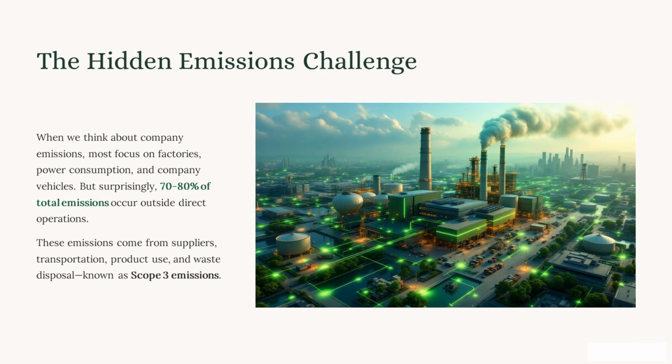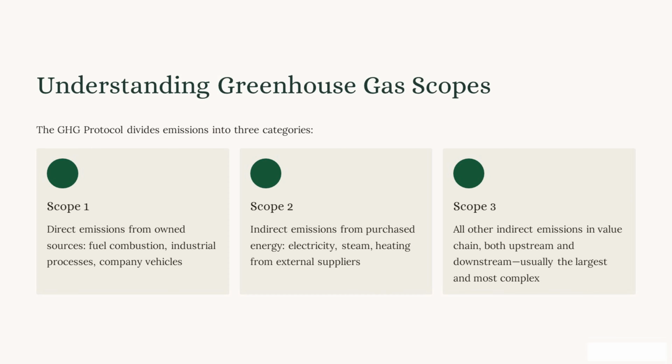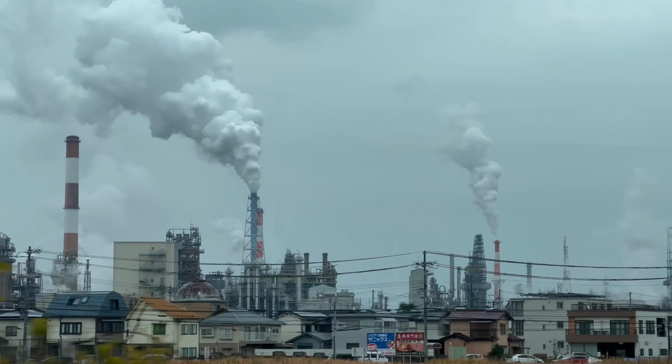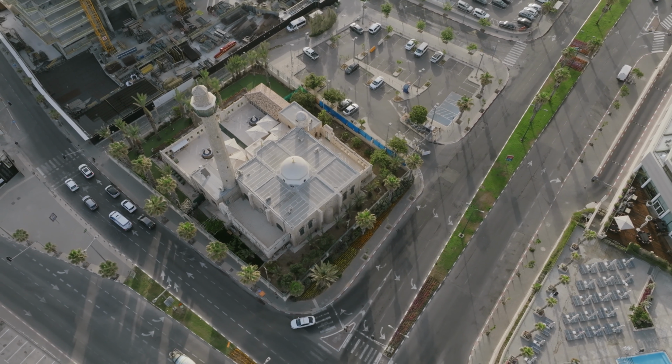Before understanding Scope 3 inventory management, we need to briefly understand the concept of emission scopes defined under the Greenhouse Gas Protocol. The Greenhouse Gas Protocol divides emissions into three categories: Scope 1 emission, which are also called as direct emissions from sources owned or controlled by the company, such as fuel consumption in boilers, industrial processes, or company-owned vehicles.